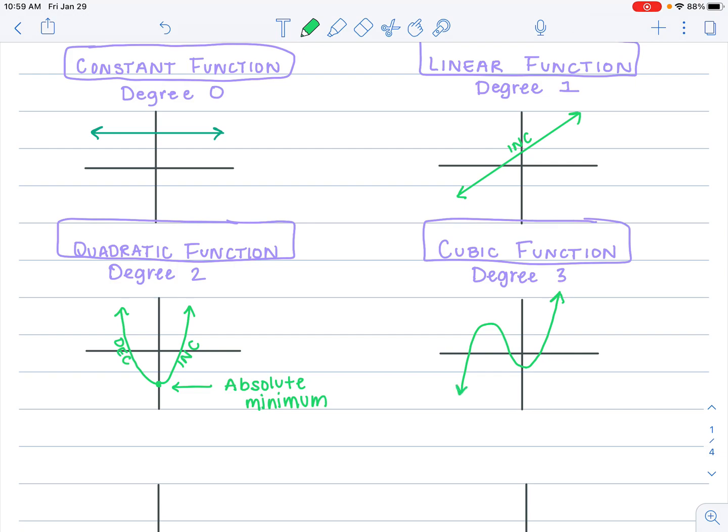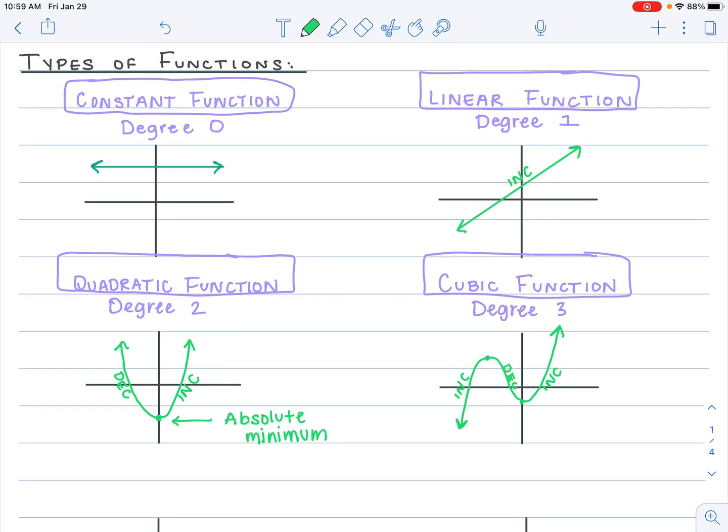An example of that would look something like so. If you look here, we start off with an increasing interval. Then we get to this point right here, and then we have a decreasing interval. Then we get to this point, and then it goes back to an increasing interval. So if you notice, each time we gain a function, we gain another interval, whether it's increasing or decreasing.